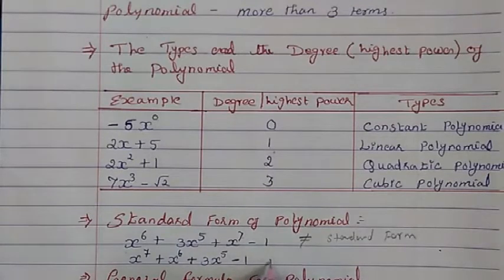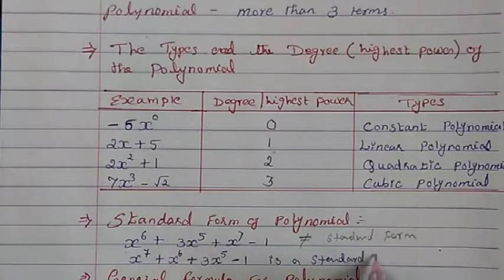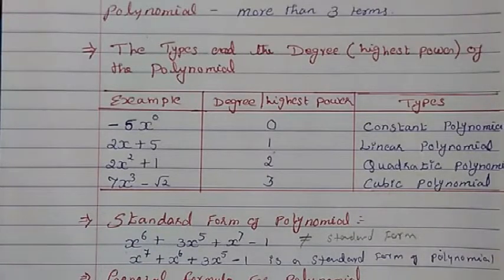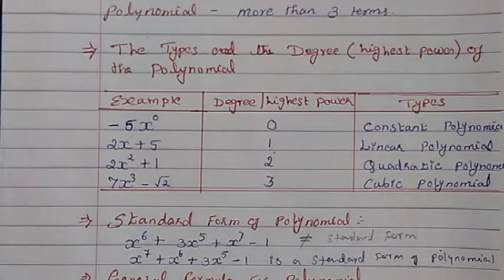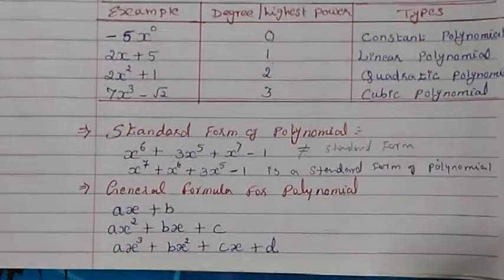So this is the standard form of a polynomial. Always remember, whenever you get a question, the first thing, without forgetting, is to arrange the terms and write them in the standard form.